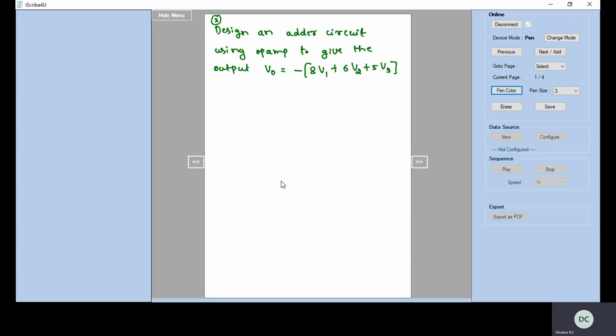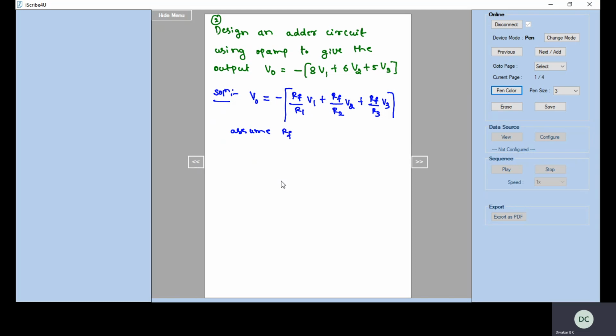We know that the output voltage expression for inverting summer is V naught is equal to minus of Rf by R1 into V1 plus Rf by R2 into V2 plus Rf by R3 into V3. Since the Rf is not given, let us assume Rf as 100 kilo ohm.